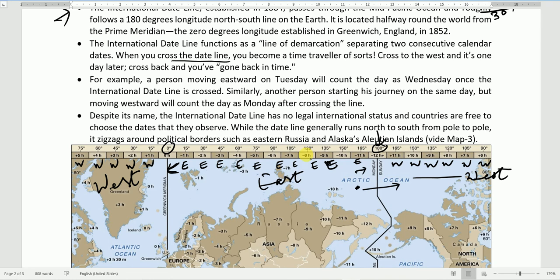When you cross to the west, then it becomes Sunday. That means 1 day is lost.